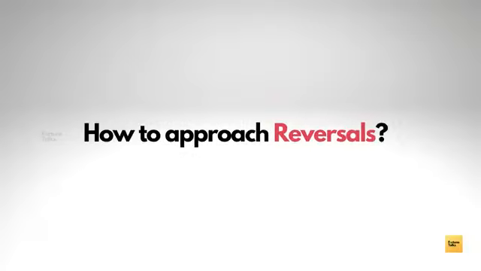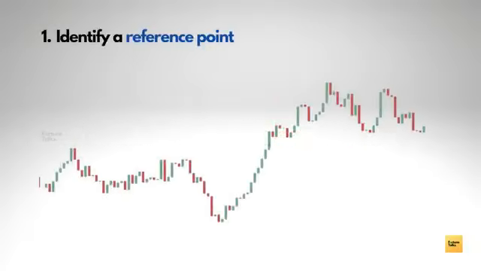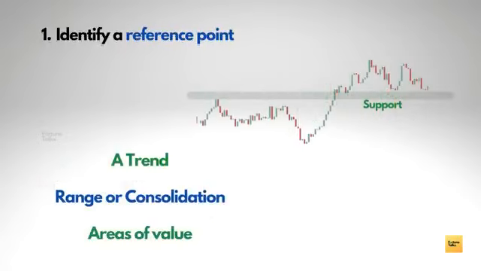Now that we have understood what not to do during a reversal trade, let us look at how to approach reversal trades in the market. The first and foremost point is to have a reference point on your chart. What exactly is a reference point? A reference point can be a trend, a consolidation, or an area of value like a support or resistance, a trend line, a moving average, etc., where there is a chance for some sort of price action.